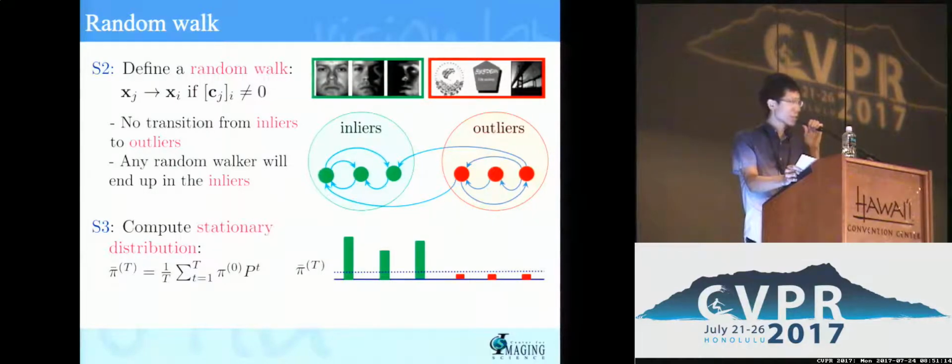Therefore, we further compute the stationary distribution of this random walk. In this stationary distribution, the outliers will have low or zero probability, while inliers will have higher probabilities. And we have shown that this stationary distribution can correctly identify outliers by thresholding the probabilities.